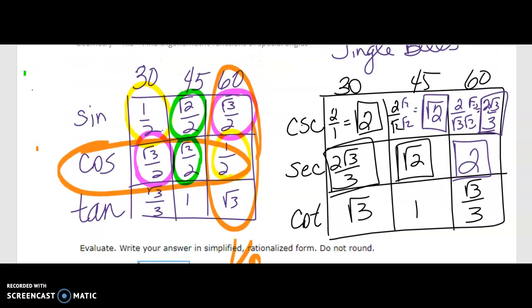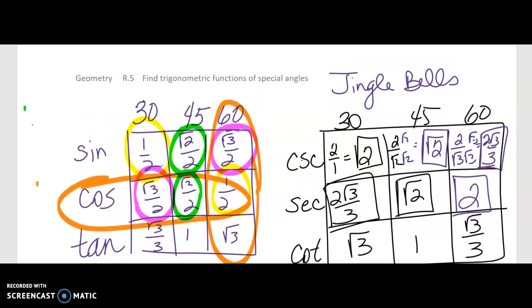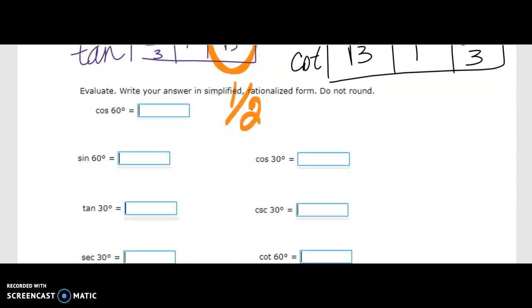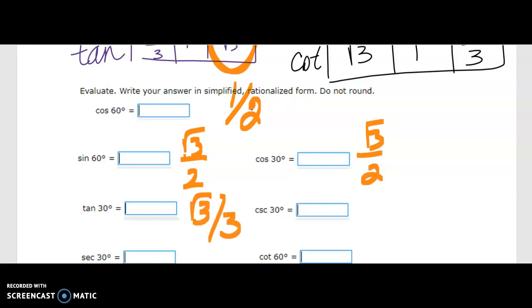Sine 60, square root of 3 over 2. And so on and so on. Cosine 30, square root of 3 over 2. Tangent 30, square root of 3 over 3.